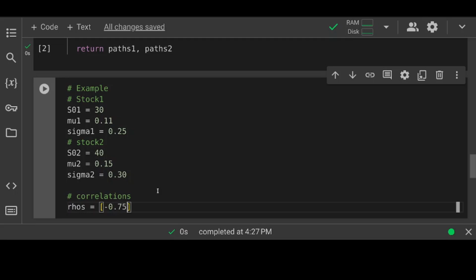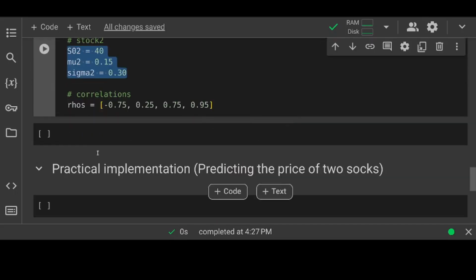For example, negatively correlated stocks, positively correlated stocks but with very small correlation, highly correlated stocks, and very highly correlated stocks. We try with the first stock with these parameters, the second stock with these parameters, and we'll simulate the Monte Carlo simulation for different possible correlations.